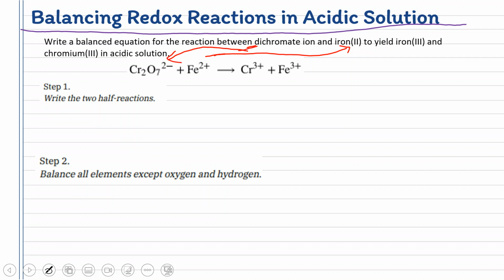So dichromate ion is that one. Iron(II) is this. And they're saying that when dichromate ion and iron(II) react, the reaction results in iron(III) and chromium(III).